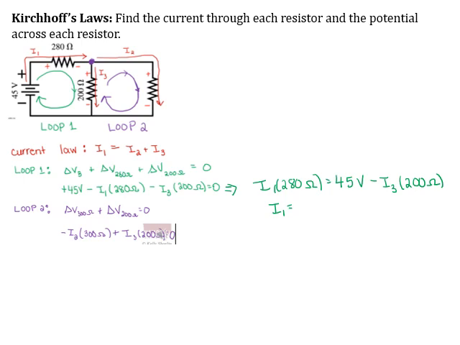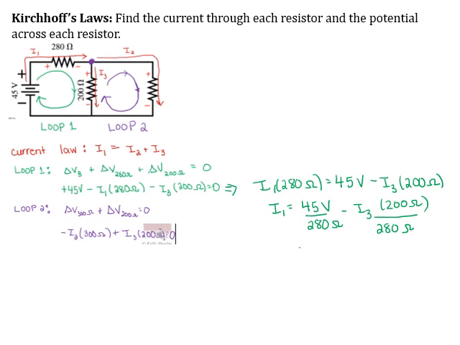So we'll divide both sides by 280 ohms. So we've got 45 volts over 280 ohms, minus I3 times 200 ohms divided by 280 ohms.